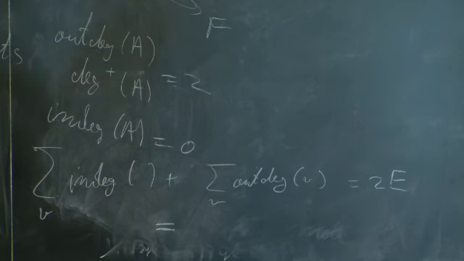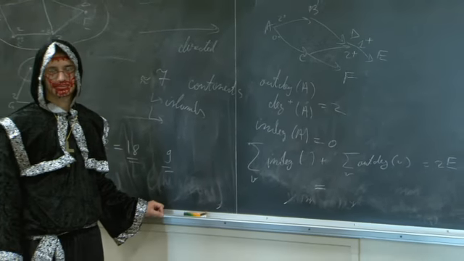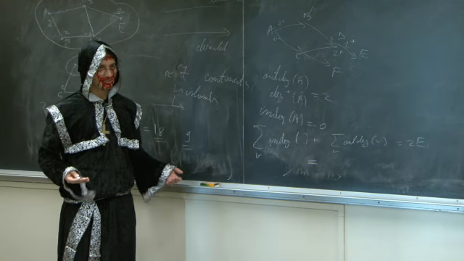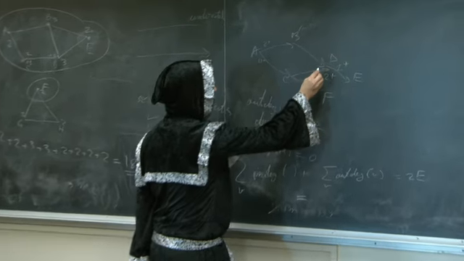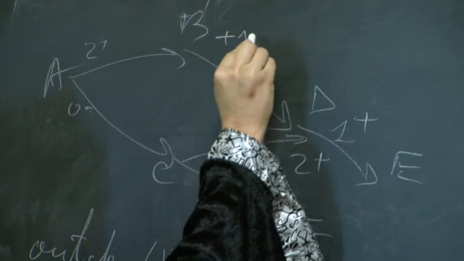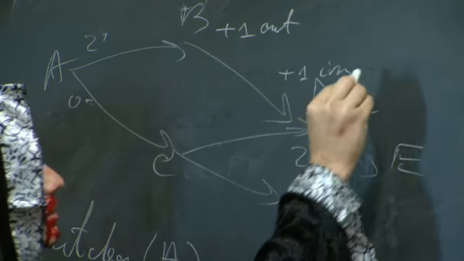Okay. So why is that? Does anyone see why that's the case? Each edge... come on, guys. So what does each edge do? All right, so if I look at this edge here, this edge is going to contribute 1 to B's out degree and 1 to D's in degree.